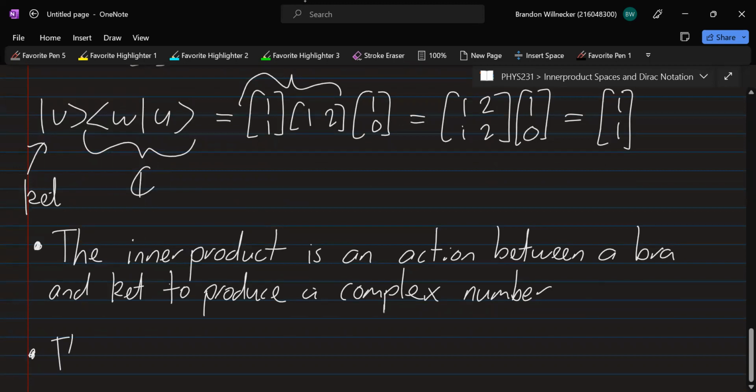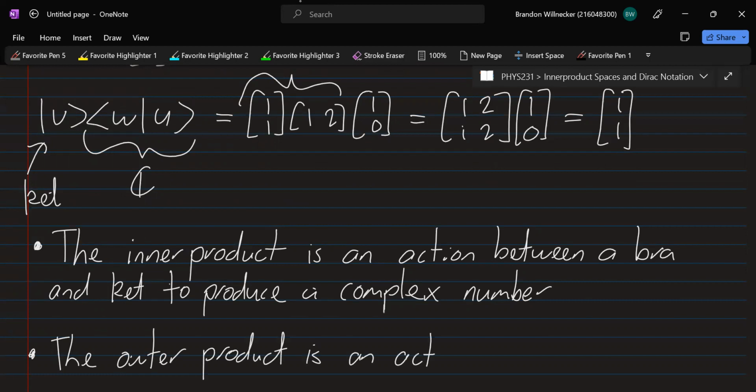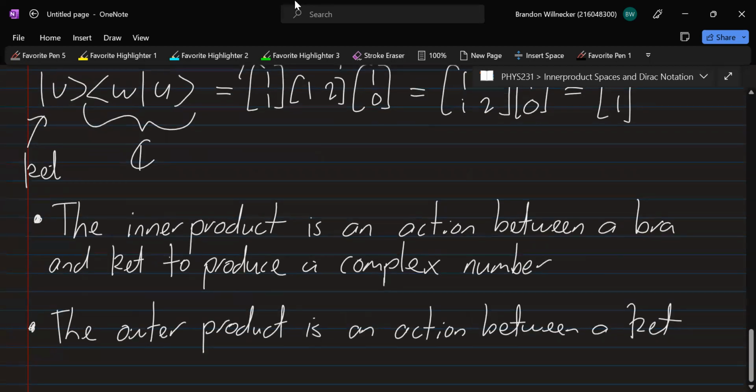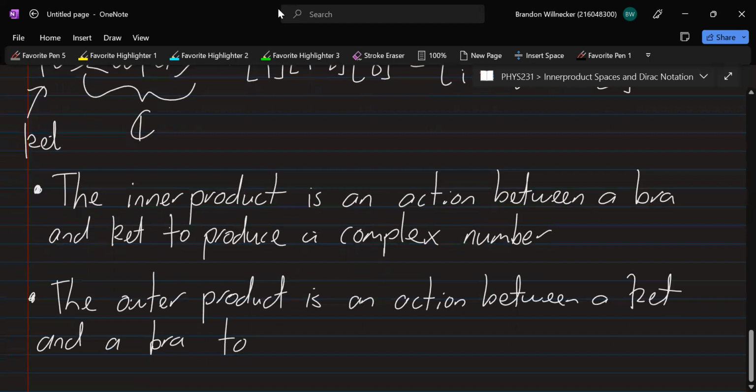Okay, and the outer product is an action between a ket, on the left-hand side, and a bra, to produce a matrix for finite dimensional vector spaces.